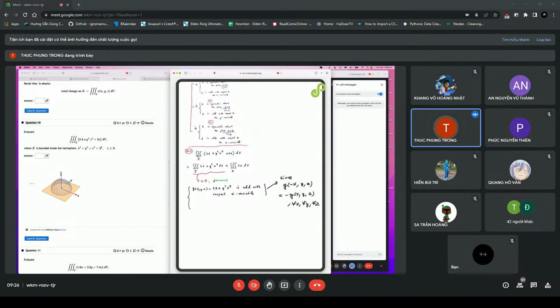That's why we say that this is an odd function with respect to s. When you put minus s, and when you don't put minus, you get two opposite values, for any s, any y, any z.